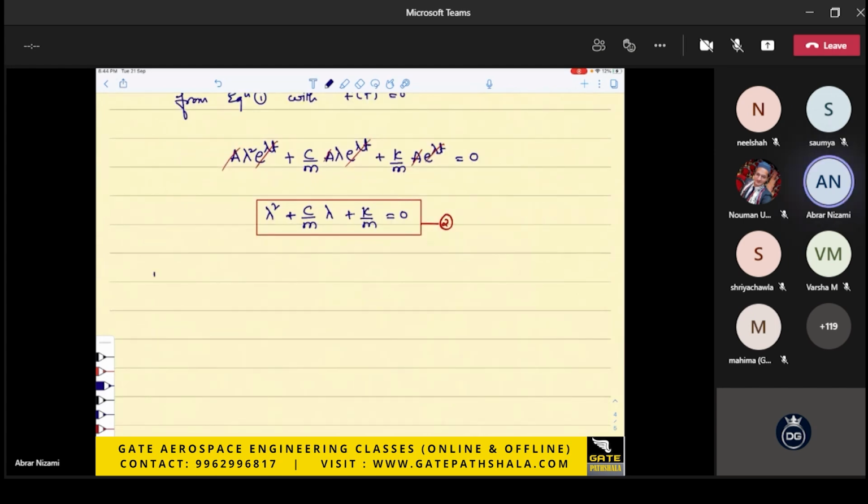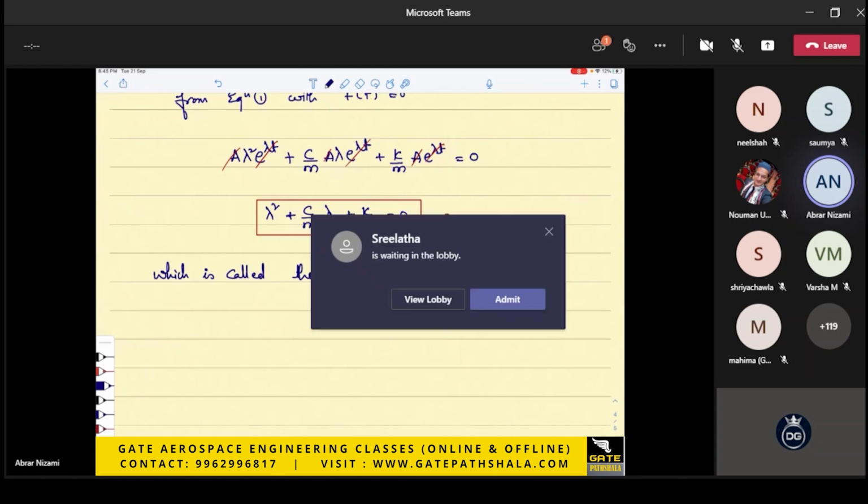Which is called the characteristic equation.